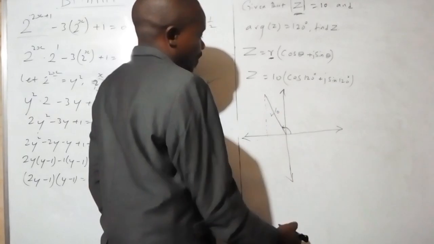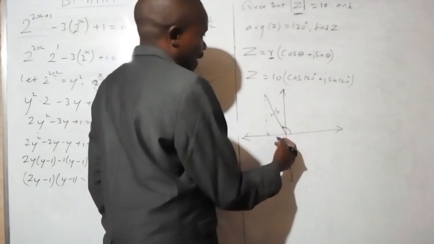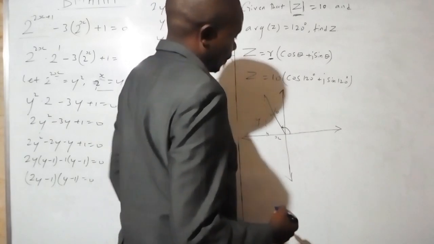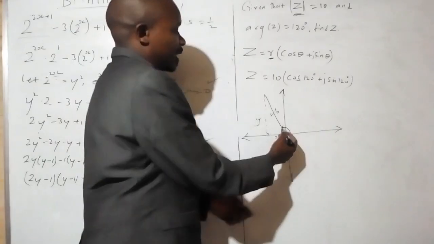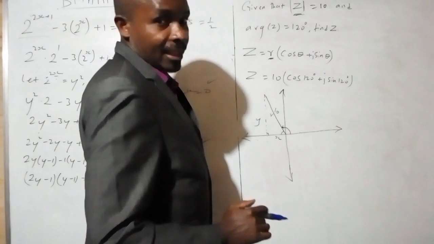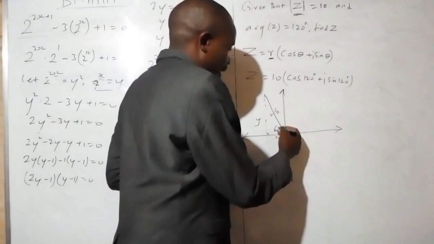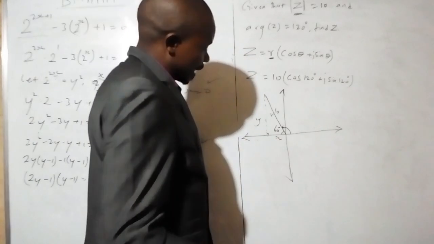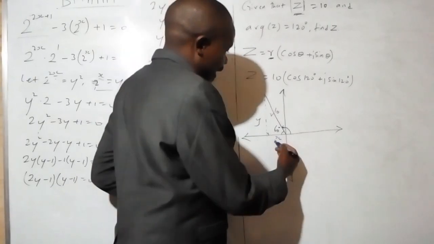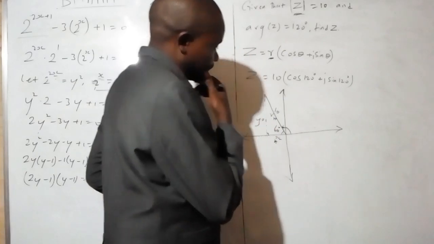This angle is 90. We can say this is x and y is here. To get this angle, we get 180 minus 120, which is 60 degrees. This is a triangle with adjacent, opposite, hypotenuse. We use SOHCAHTOA.